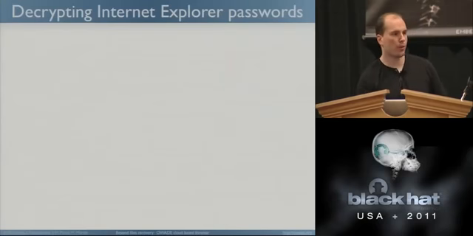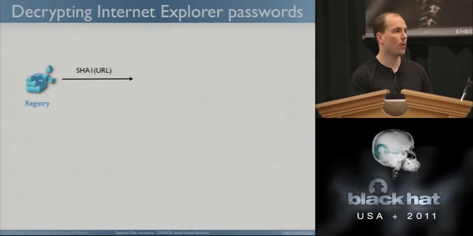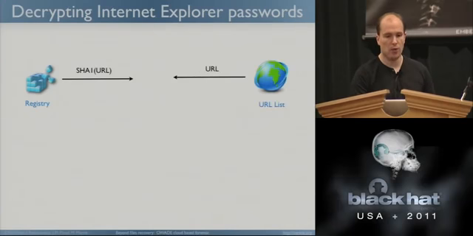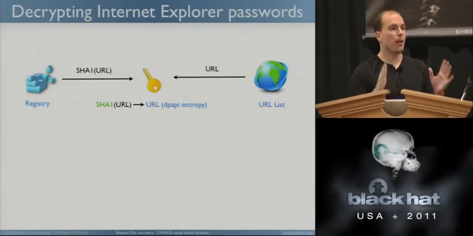So here's how it works. You have the SHA-1 of the URL. You have to compute the SHA-1 of the signing URL on the website. The registry only contains the SHA-1 of the URL.